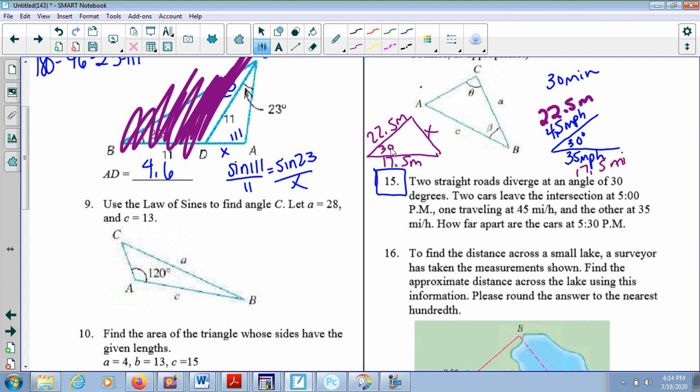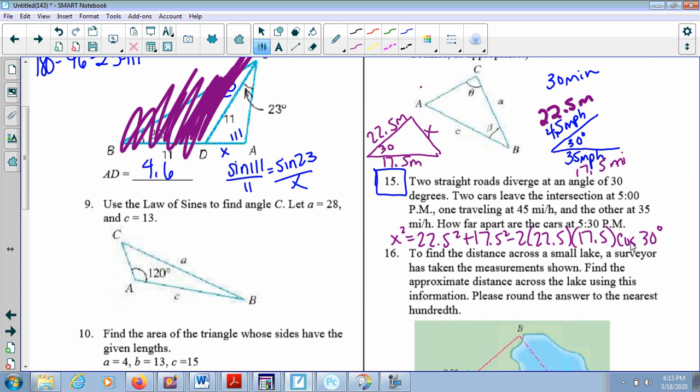We don't have an opposite pair, so we're going to have to use law of cosines to figure out what x is. So x squared, when we do our cosine of our angle, we'll use 30. So x squared is equal to 22.5 squared plus 17.5 squared minus 2 times 22.5 times 17.5 times cosine of 30 degrees.